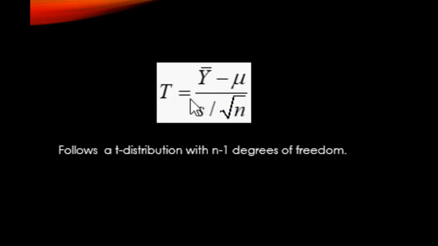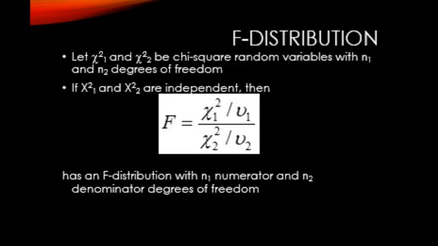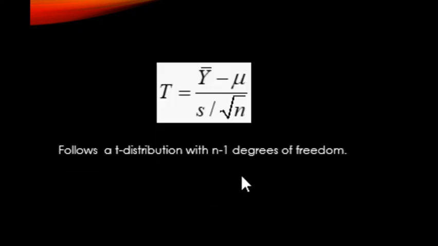As you can see, this is similar to the z-score transformation. Again, that's why we have the similar shape, except it depends on s, which is the sample standard deviation, and it changes if we have a different sample size. Therefore, the t distribution depends on the sample size. Basically, we have replaced the sigma with the s here.